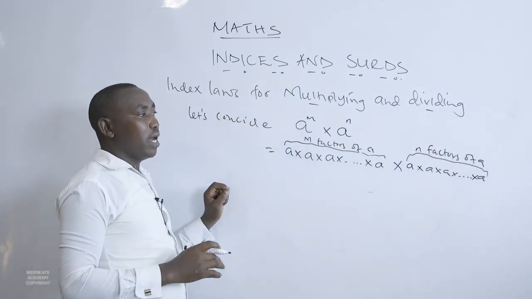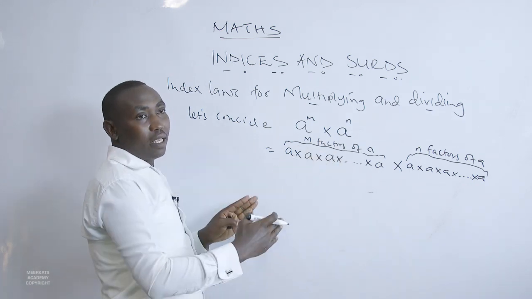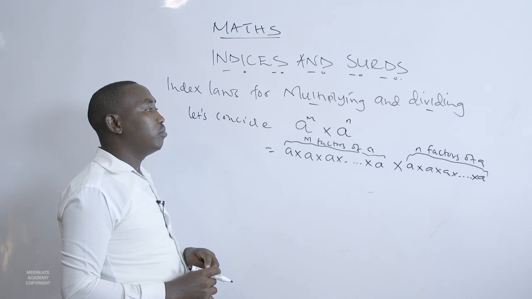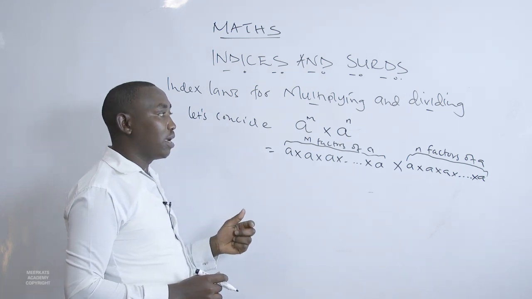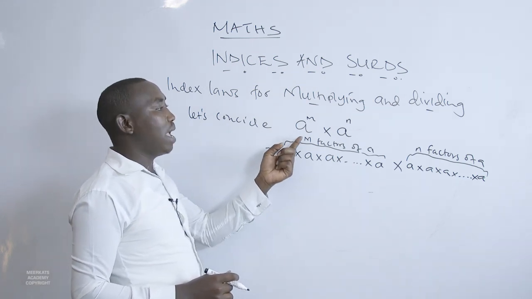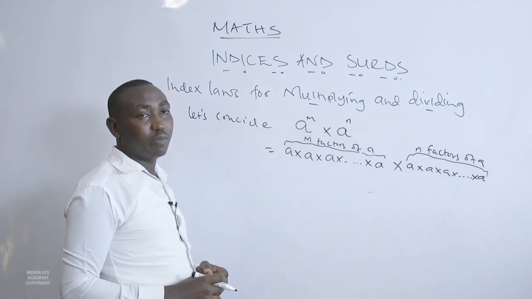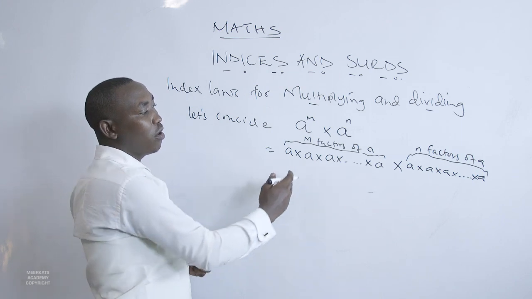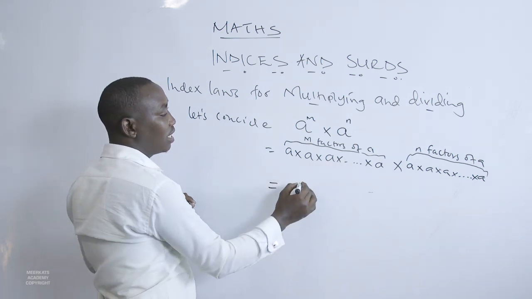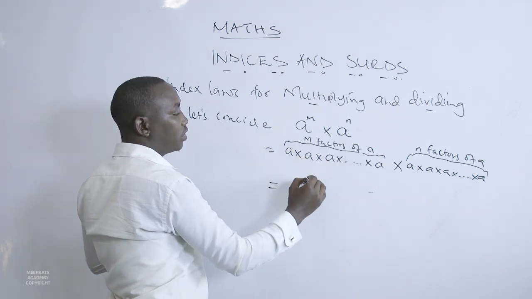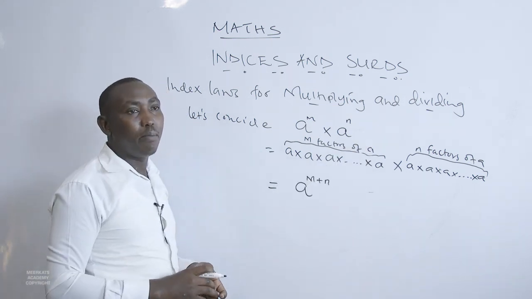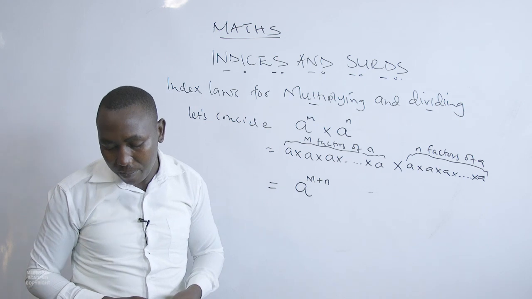Now, if at the end of the day you have all those a's, then to get the correct answer you are going to add those particular powers, and this will give us a raised to m plus n.